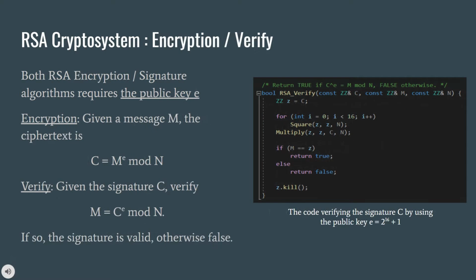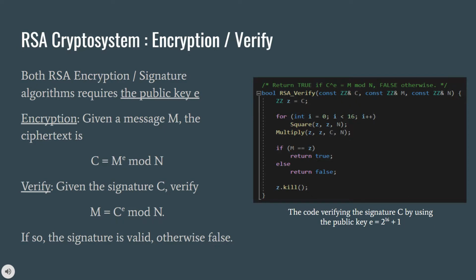RSA crypto system, encryption or verifying. Both RSA encryption and the signature verification algorithm require the public key e. In the encryption, for a given message m, the ciphertext becomes c equals m to the e mod n. In the verification, for a given signature c, we verify the signature by computing m equals c to the e mod n.